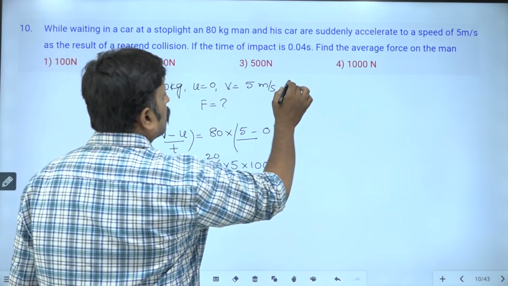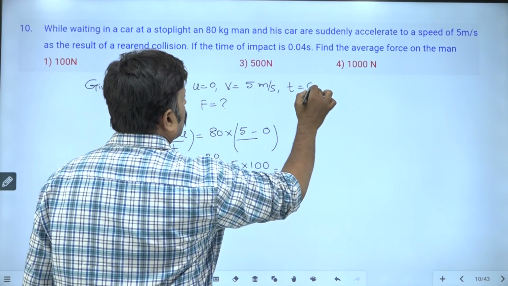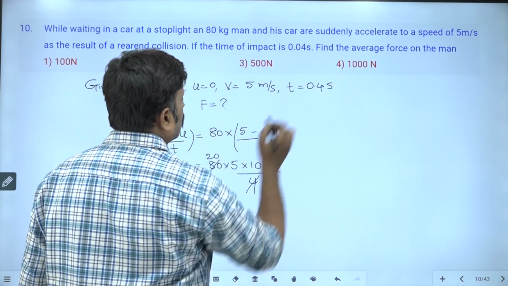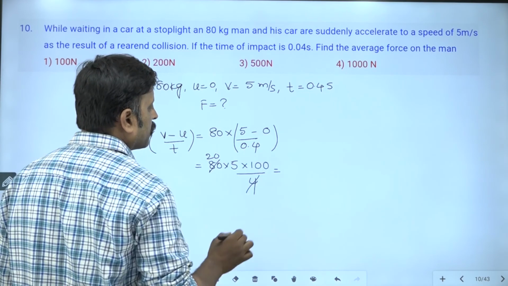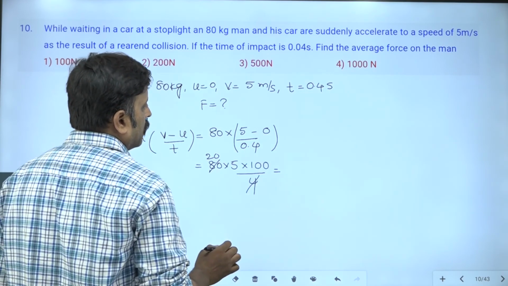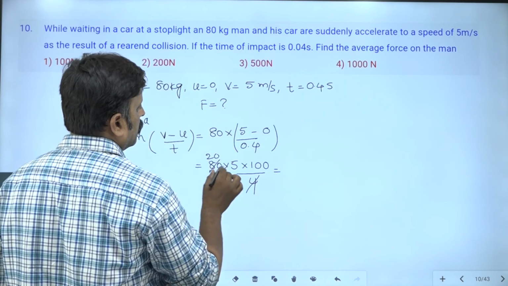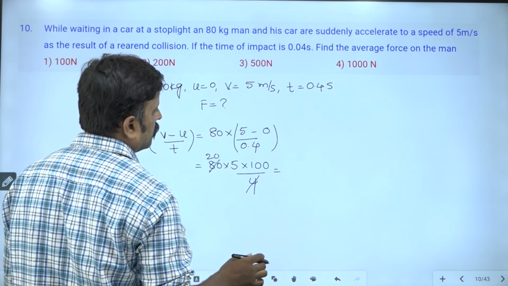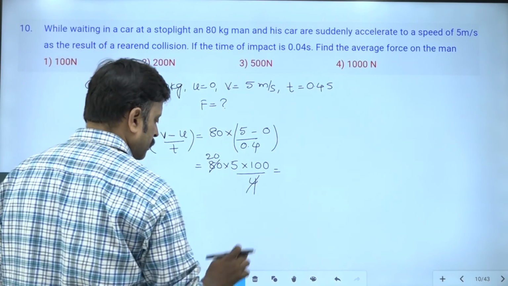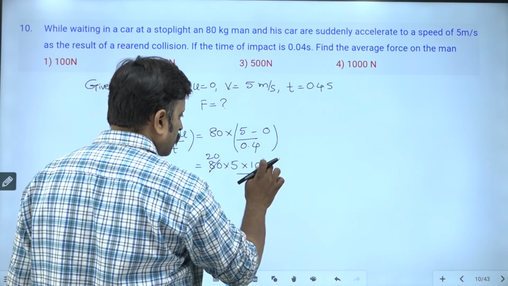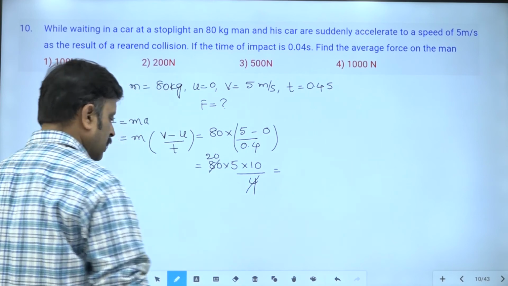See here, time is 0.4 seconds. See here carefully, this is 0.4. To 5 into 10, you can remove the zero.